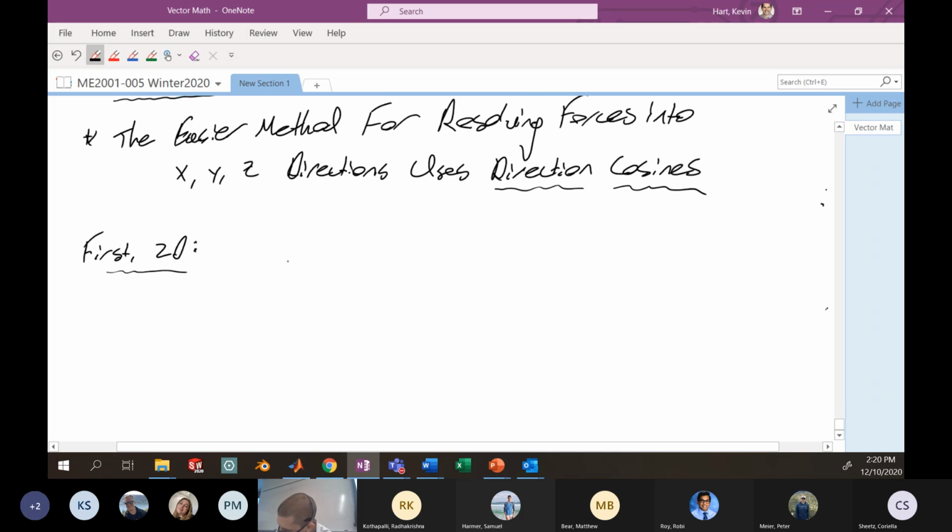Remember, for your 2D situation, let's just draw an XY plane. We showed that if we had some force out in space, F, and we knew the angle between that force F and the x direction, which we typically called theta, then we could resolve this force F into the x and the y directions pretty easily.